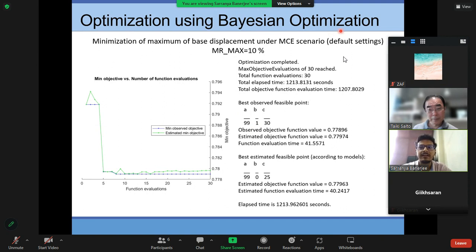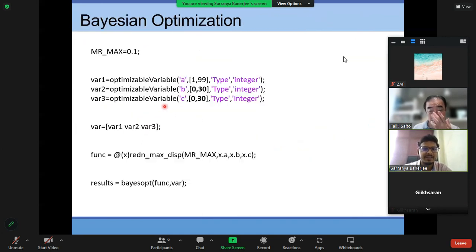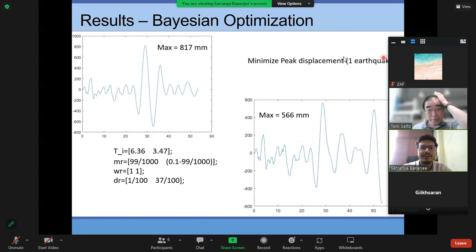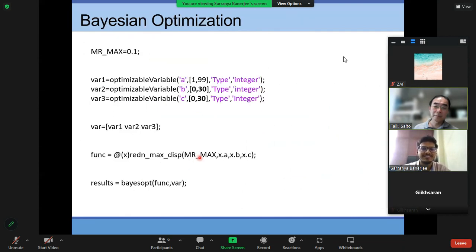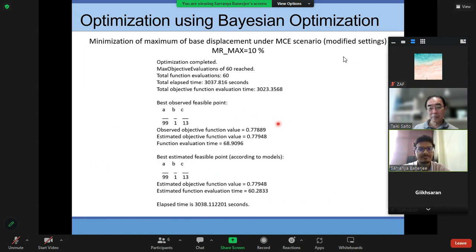I have checked this with the default settings and also with the modified settings, and it is quite similar. Only one TMD at the base with 1% mass ratio, which was also the same for the Imperial Valley case, for the one earthquake case. The reason is that this base displacement is the maximum base displacement for all the 20 earthquakes. So we are getting some results like this.